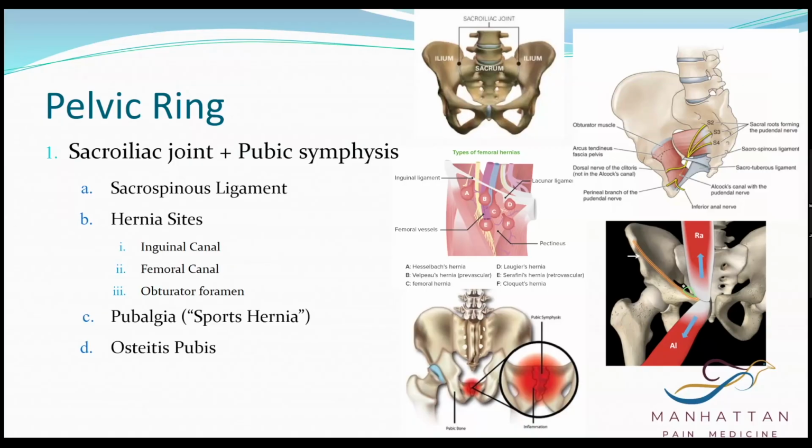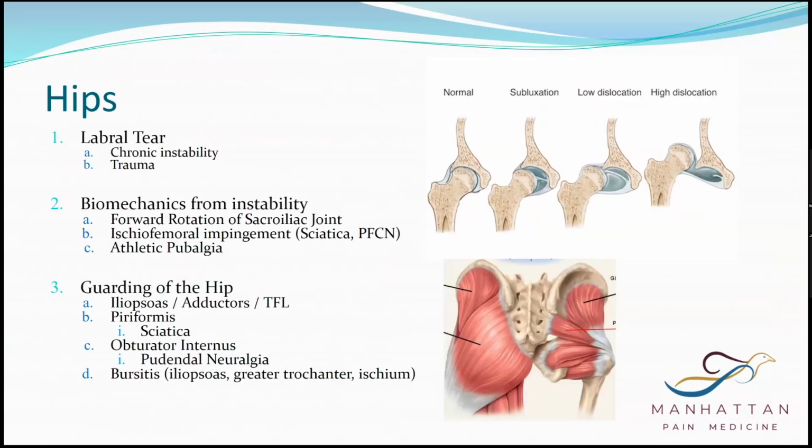If there's extra rubbing of the pelvic ring, then you can have irritation, wear and tear at that pubic symphysis. All right, hips. Labral tears can be from chronic instability or trauma or both. And of course, you can also have hip impingement on top of this. We're not speaking about hip impingement because that's not a very specific hypermobility issue, although it can also happen in those with hypermobility.